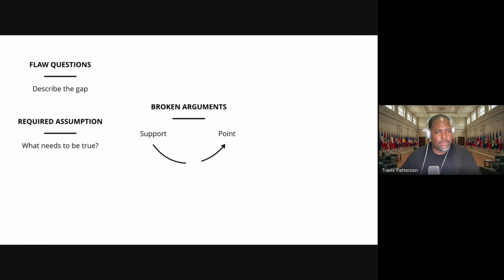Required assumption questions ask, hey, if we're going to fill this gap, what needs to be true? Sufficient assumption questions ask, okay, if we're going to fill this gap, what's enough to guarantee that the argument will be valid, right? So what can we put in that allows this support to actually guarantee this conclusion?